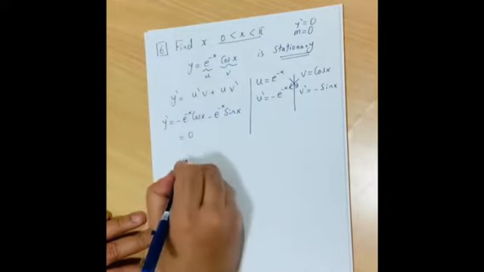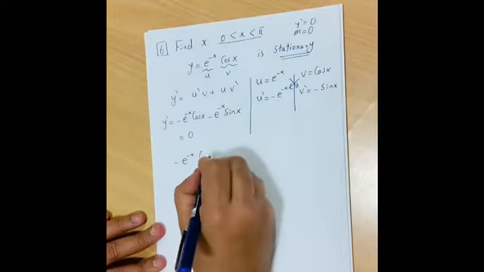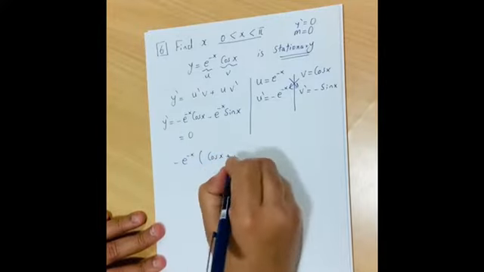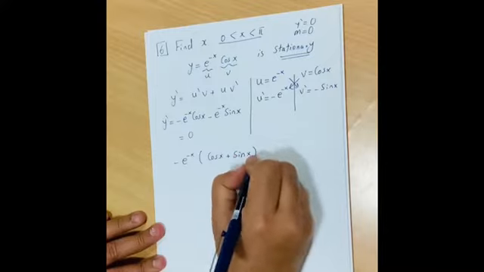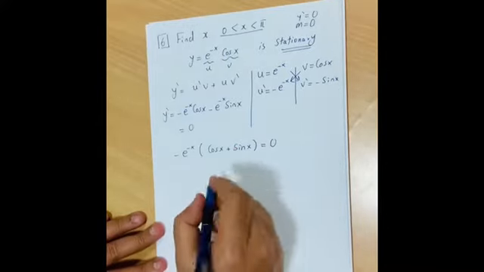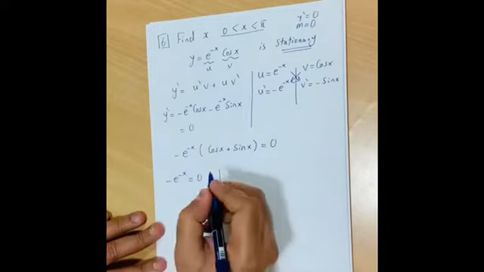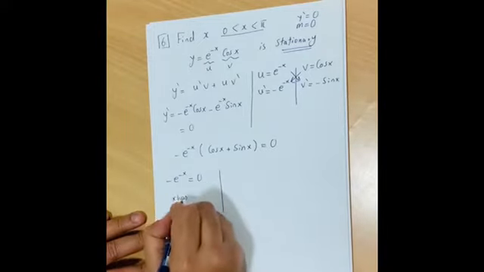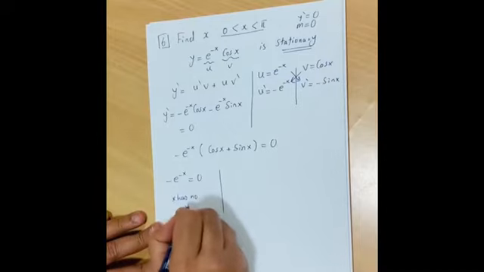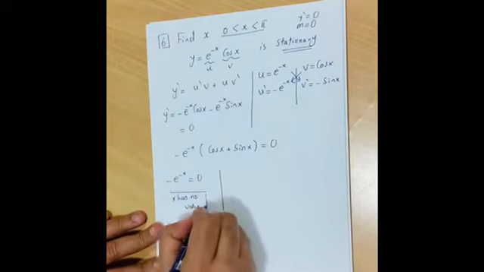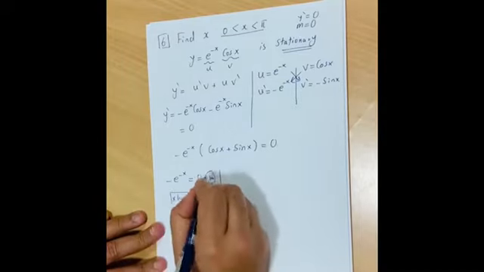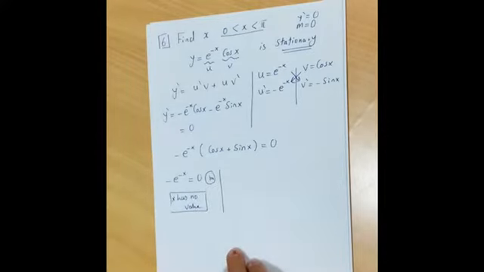You'll take negative e power of negative x as a common factor, then you have cosine x plus sine x equals 0. So either negative e power of negative x equals 0, and from here x has no value, because if you decide to take ln, remember there is no ln of 0.